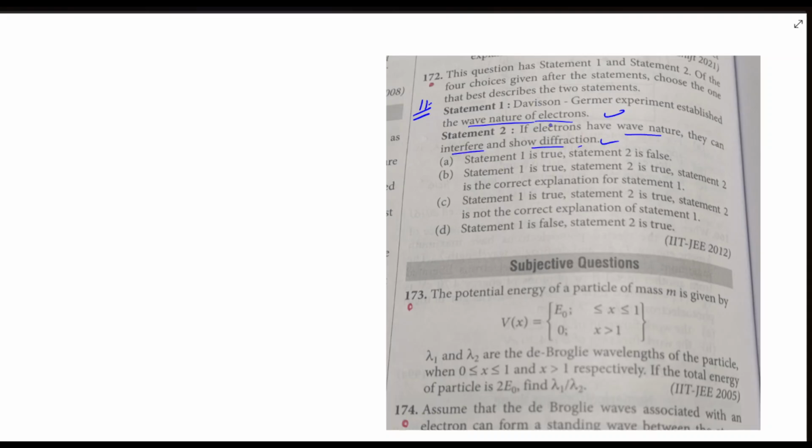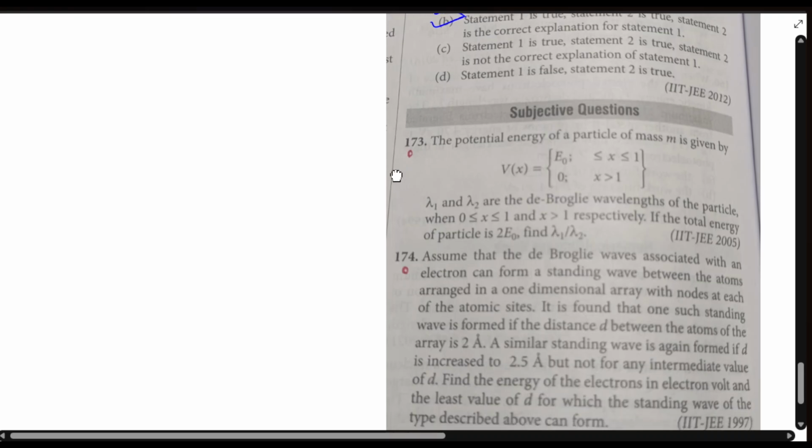Right? So majorly in the Davisson-Germer experiment, they showed diffraction through the bombardment of electrons on the atom. So A is correct and 2 is correct, and it is the correct explanation. So B will be the answer, right? Okay. So they have interchanged it. Nice. They're messing with us.